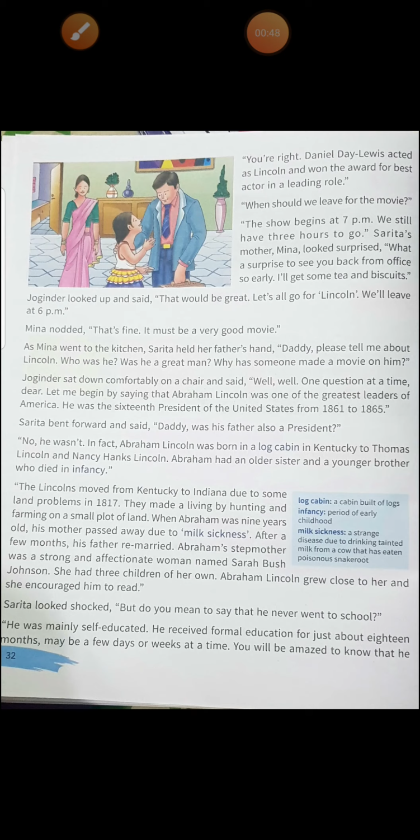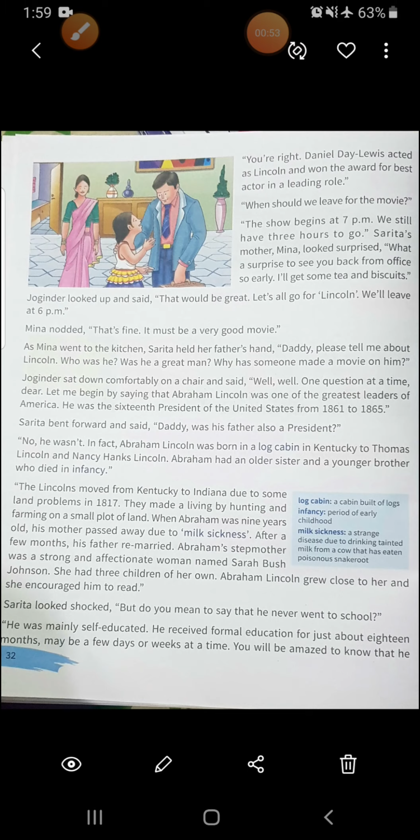And I also told in the last video that he was born in a log cabin in Kentucky, and his father's name is Thomas Lincoln and mother's name is Nancy Hanks Lincoln. This is what I told you about him.